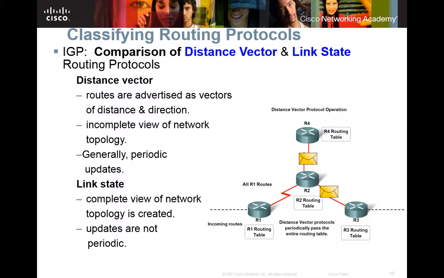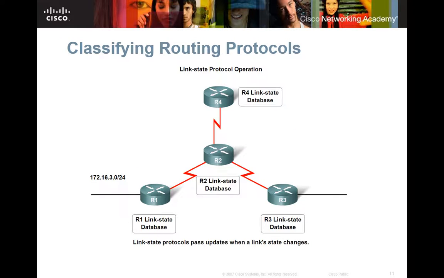So is distance vector a really good thing to use? Maybe in your local environment, but not over the bigger area. You'd want to use link state because it depends on the link. If that link is on or the link is off, it will give a complete view of the network topology. The updates are not periodic though. Each of them has its pros and cons.